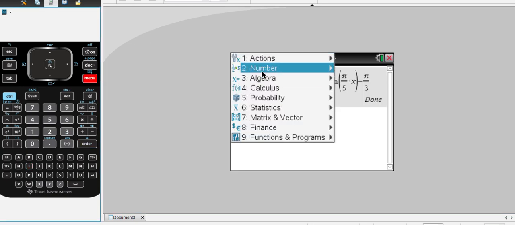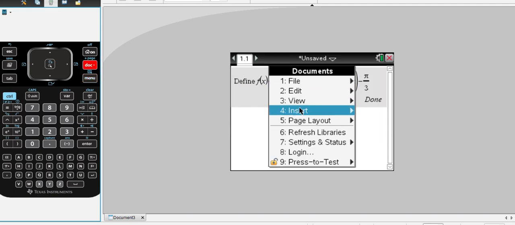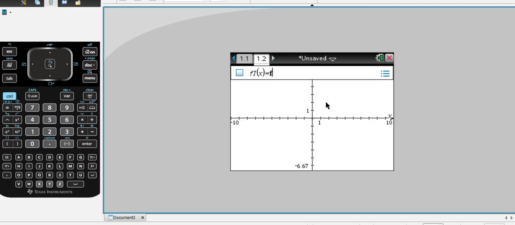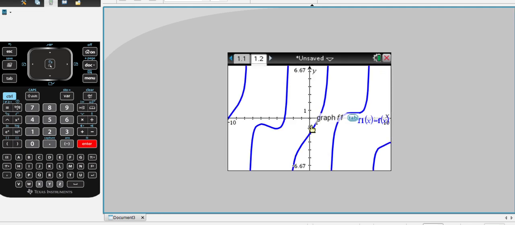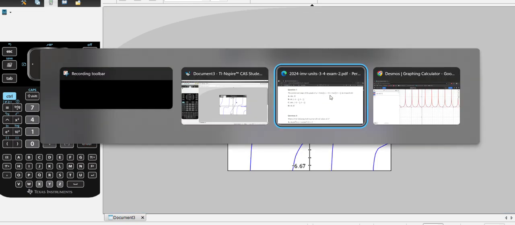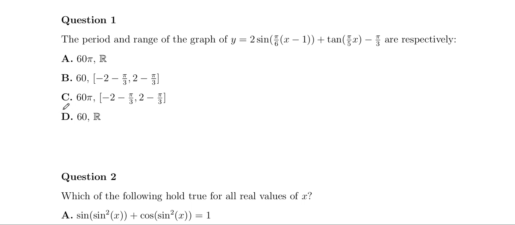Then I'm going to go to graphs and put that in. As you can see, obviously the range is R, it goes on to infinity. So that immediately crosses out B and C.